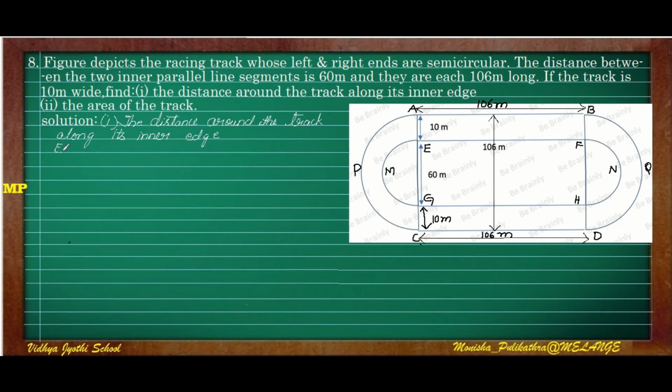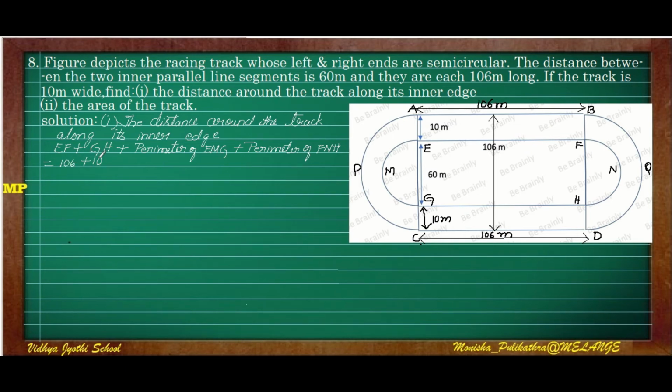So first is EF plus GH plus perimeter of EMG plus perimeter of FNH. So here the distance of EF and GH is same, 106.